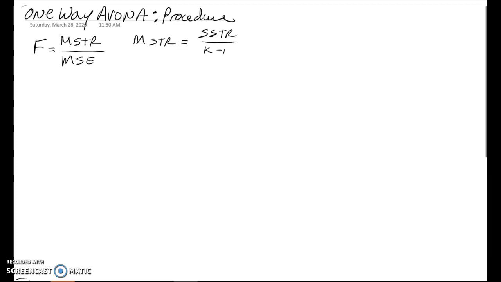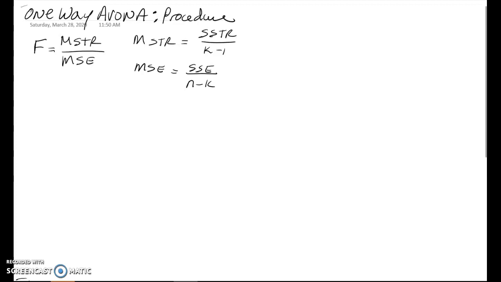And these formulas, please, you should have your formula sheet out in front of you and follow them on there. And then the mean square of the error, which of course represents the variation within each population itself, is going to be the error sum of squares divided also by the degrees of freedom, in this case n minus k.